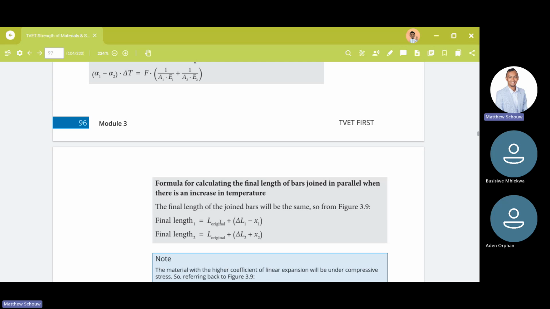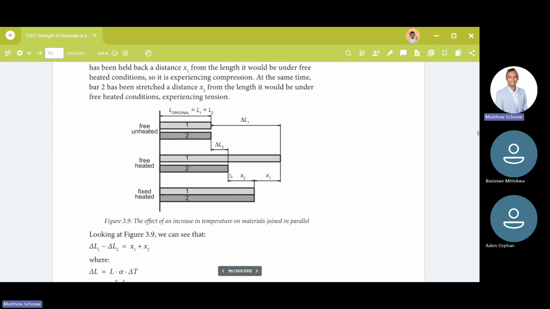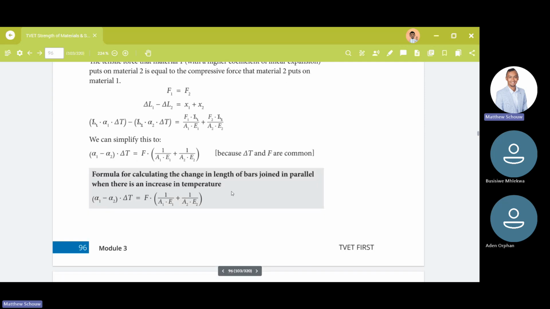You take the original length, you add the thermal expansion, and then you minus the mechanical aspect due to the compression. However, for material 2, it's going to be the original plus thermal plus x2. The reason why you're adding x2 instead of subtracting is because remember, it's this piece over here. So understanding the sketch is key to knowing the problem. However, if you do understand this formula, you're going to be fine. So what I'm going to do now is snip this formula, and we're just going to apply it straight away.